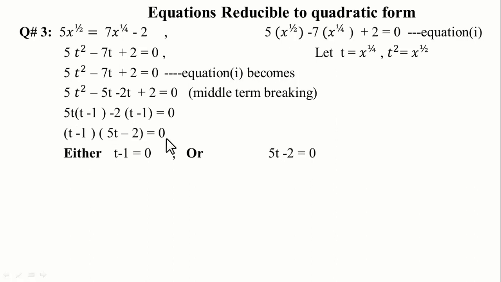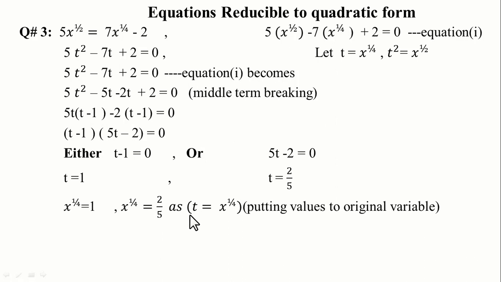Here t minus 1 is equal to 0 or 5t minus 2 is equal to 0. When t minus 1 is equal to 0, t is equal to 1, and 5t minus 2 is equal to 0, then t is equal to 2 upon 5. But t is equal to x to the power 1 upon 4.